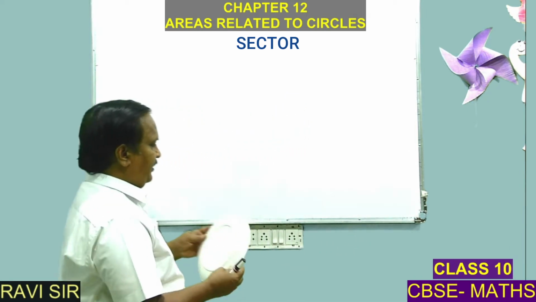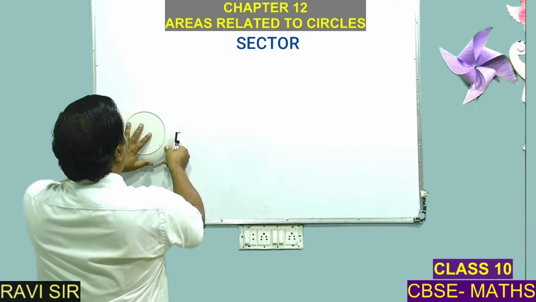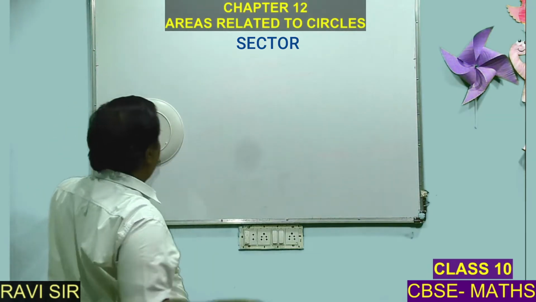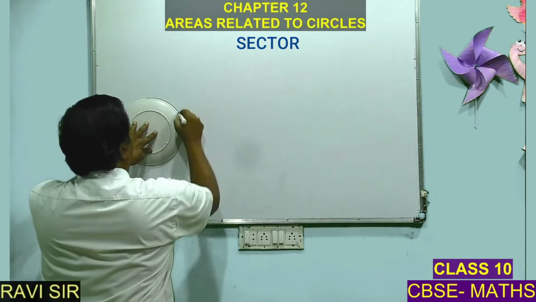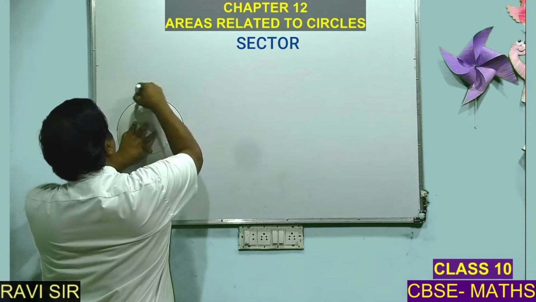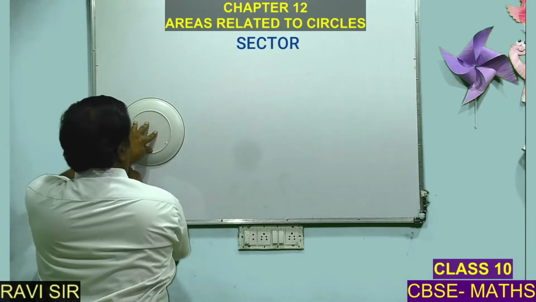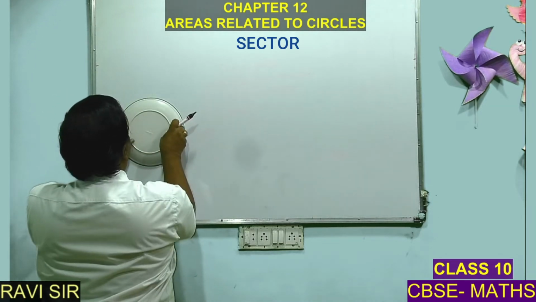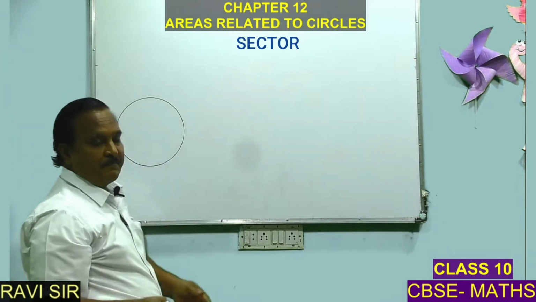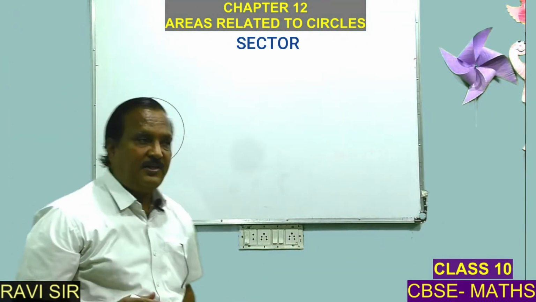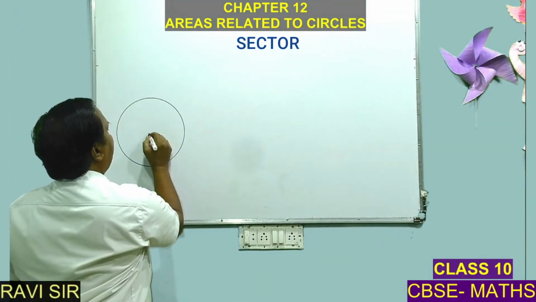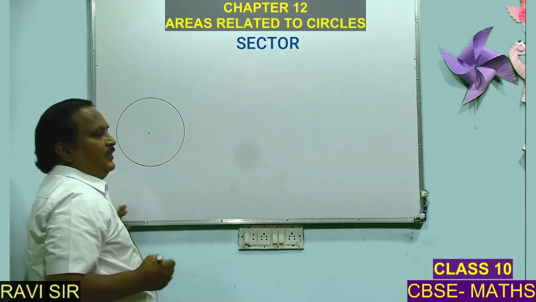So let me explain you. Let me draw a circle here. If you draw properly a circle, then you can visualize the other aspects also properly. Immediately you put the center.